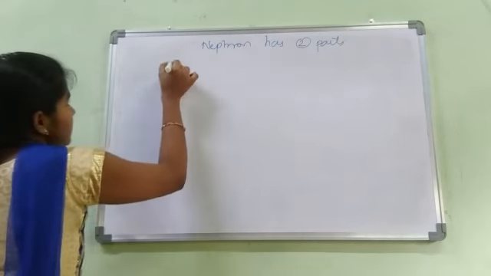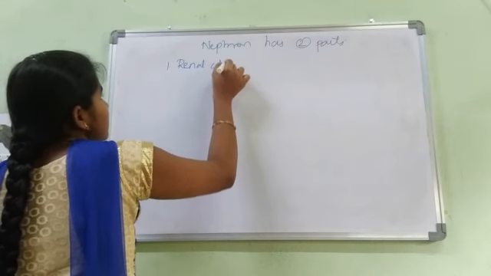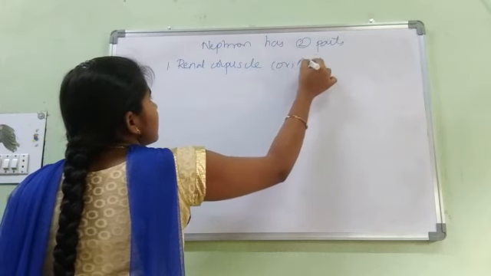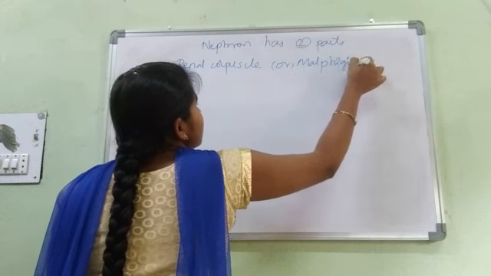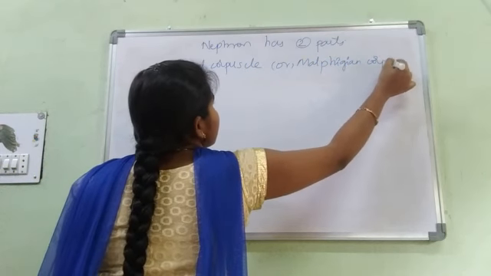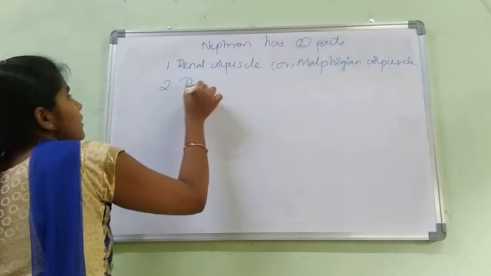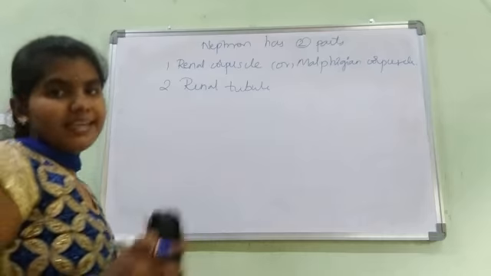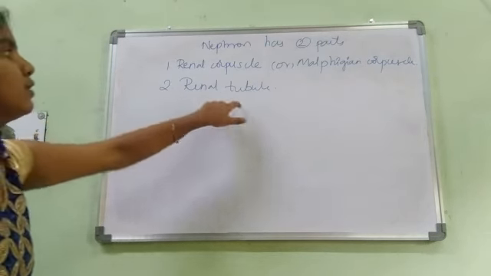One is the renal corpuscle or Malpighian corpuscle, and the other is the renal tubule. It is divided into these 2 parts, renal corpuscle or Malpighian corpuscle and renal tubule.